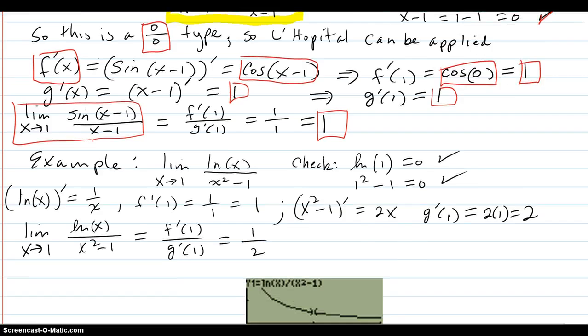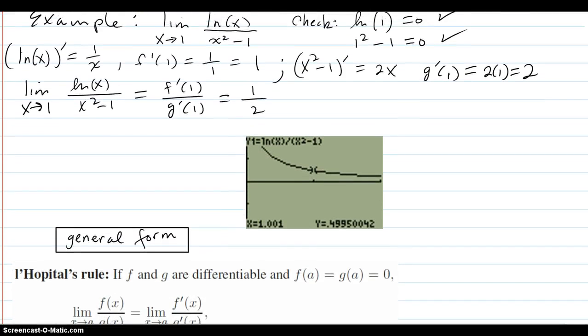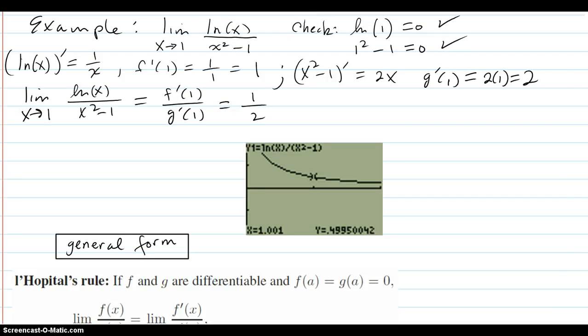Another example. Log x over x squared minus 1 as x goes to 1. Let's see if that can be done with L'Hopital's rule. We evaluate the numerator at x equal 1, and we get 0 because log of 1 is 0. The exponent you put on e to get 1 is 0. Evaluating the denominator, 1 squared minus 1 is 0. So it definitely is a 0 over 0 case.